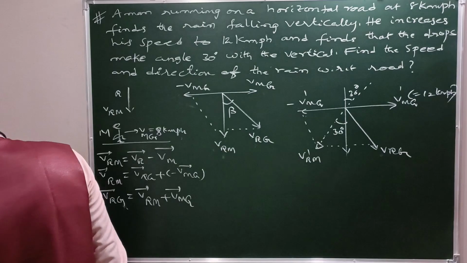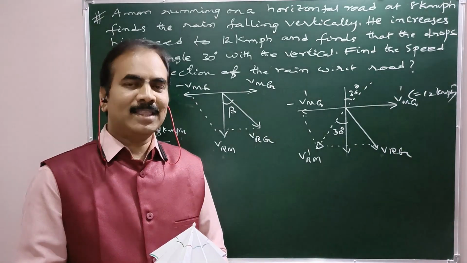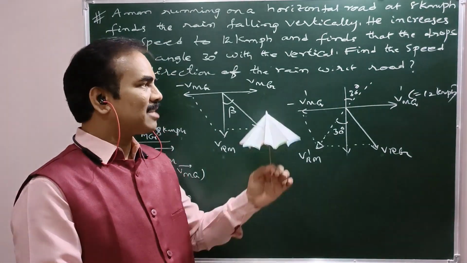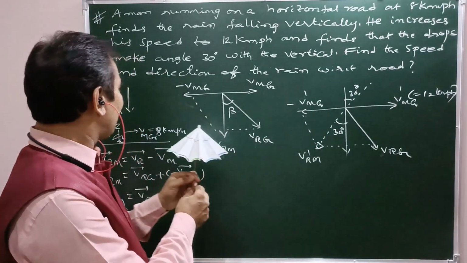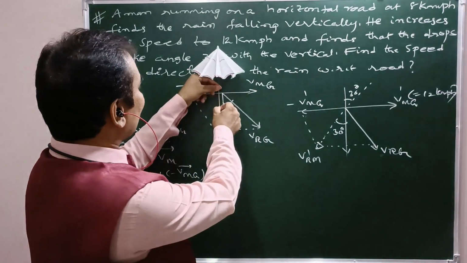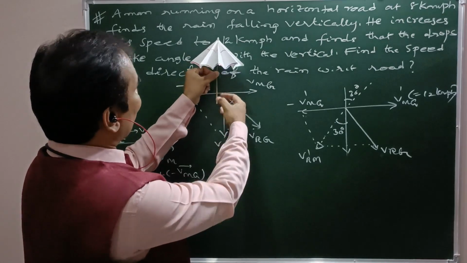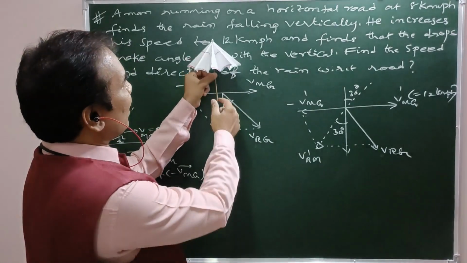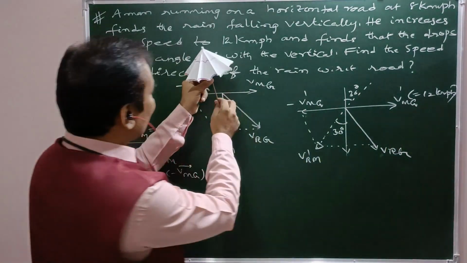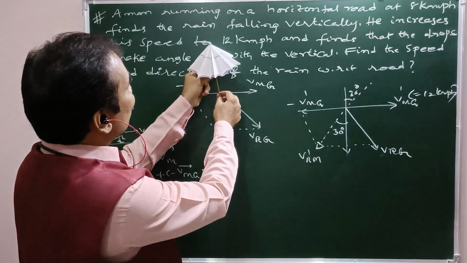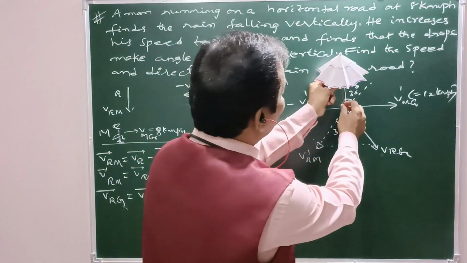As I told in the previous case, if the velocity of the man with respect to ground increases, he has to slant his umbrella farther from the vertical. In the previous case he held his umbrella vertically up, because he found the rain falling vertically. But when he increases his speed from 8 kmph to 12 kmph, he has to slant his umbrella from vertical to 30 degrees.